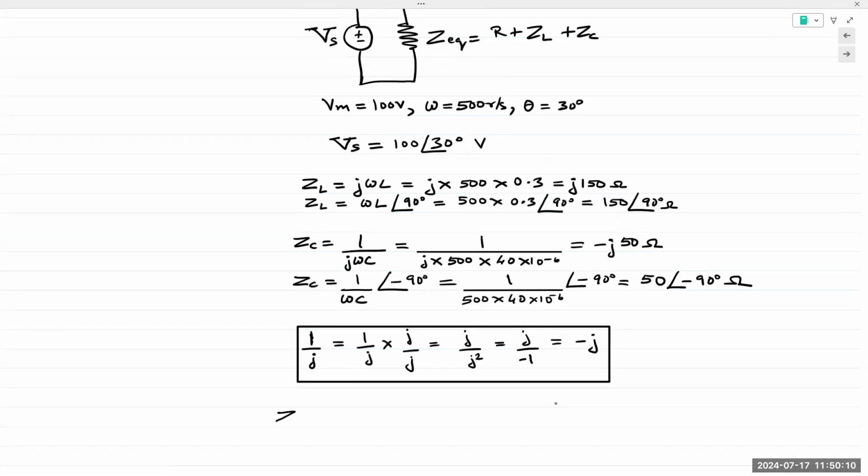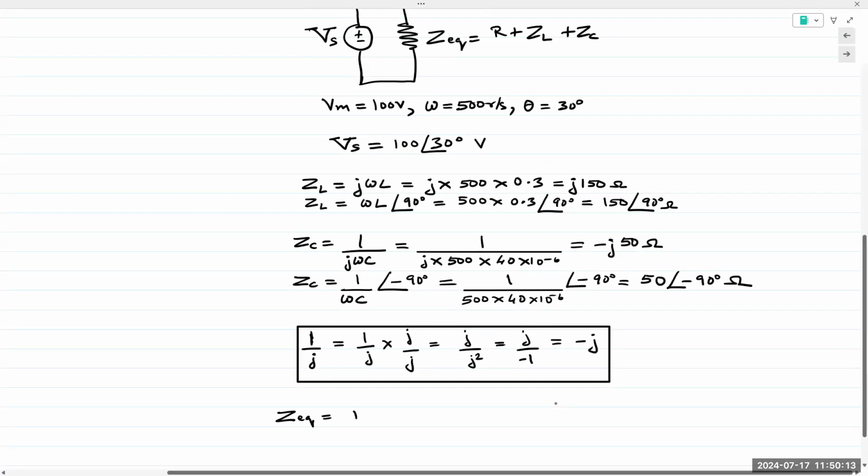So ZEQ is R plus ZL plus ZC. No, R is 100, sorry. The resistor is 100 ohms plus j150 ohms minus j50 from the capacitor, which gives me a ZEQ value of 100 plus j100 ohms.